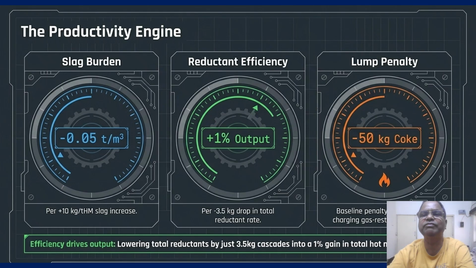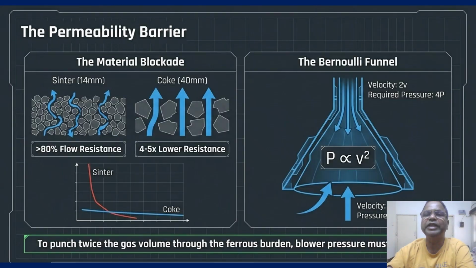However, to achieve this output gain, we must first overcome the physical blockade of the burden itself and the aerodynamics of gas flow. This productivity is physically limited by the permeability of the material we charge into the top. So we need to talk about the material blockade.